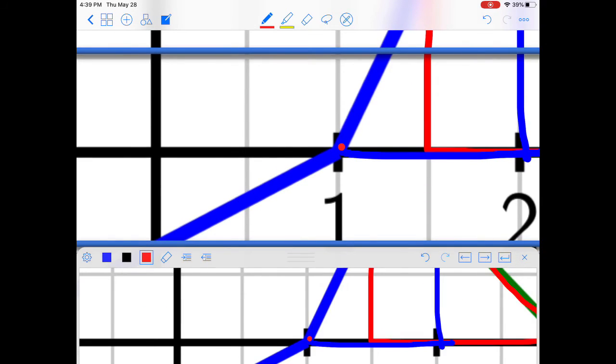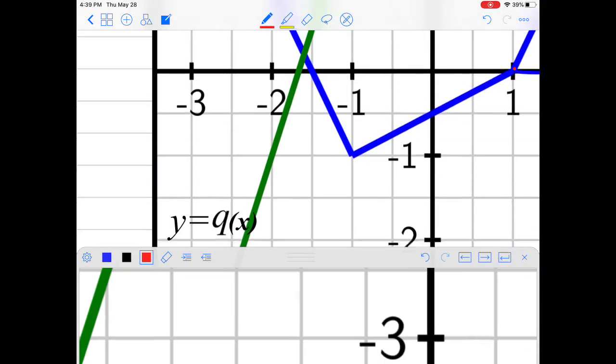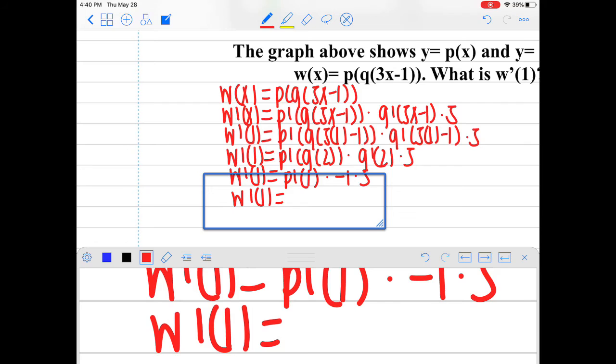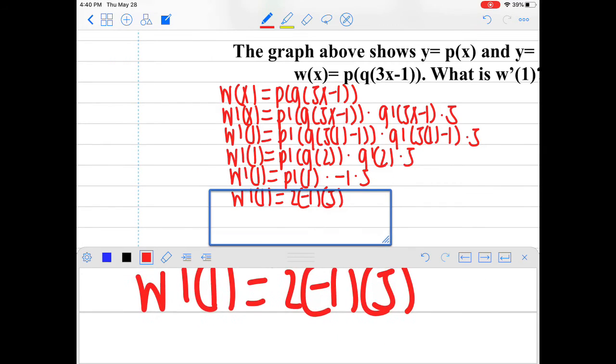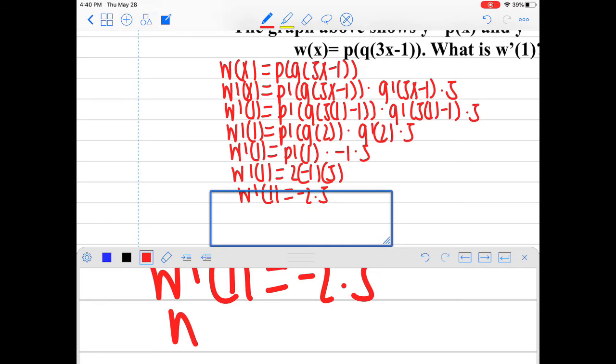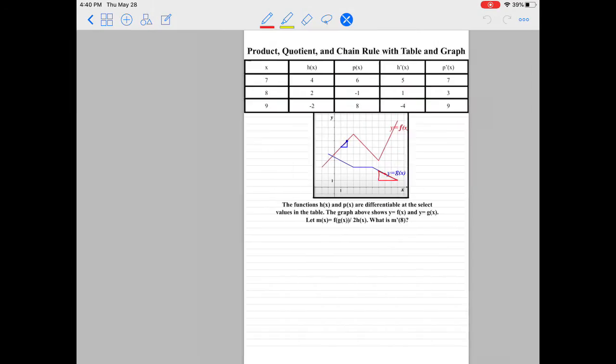So once we calculate that out, we are going to get a value of -2 times -1 times 3, which is going to give us -2 times 3, which equals -6. So in this problem, we applied the repeated use of the chain rule in order to solve.